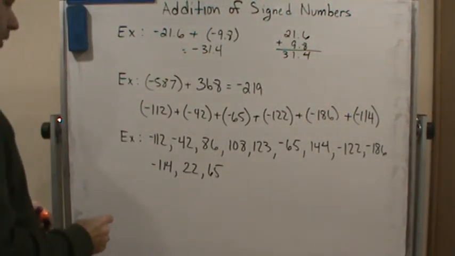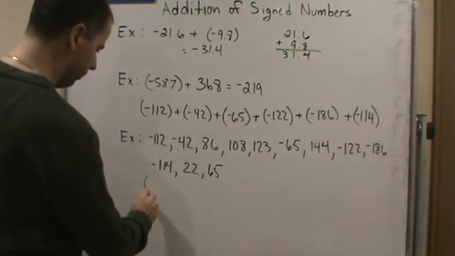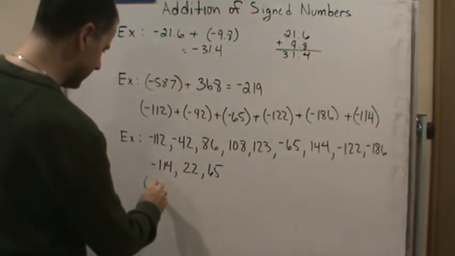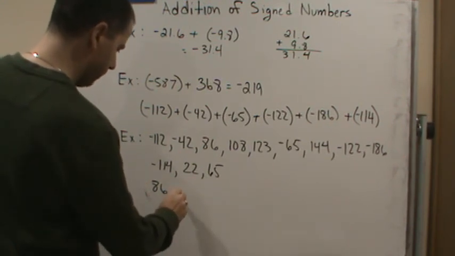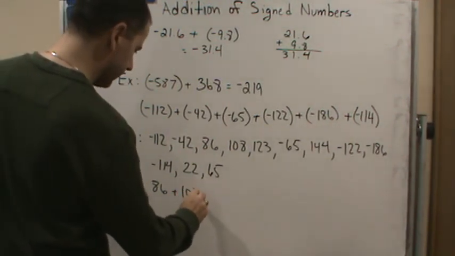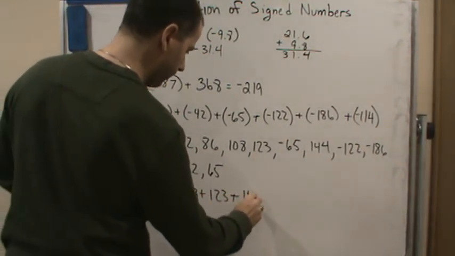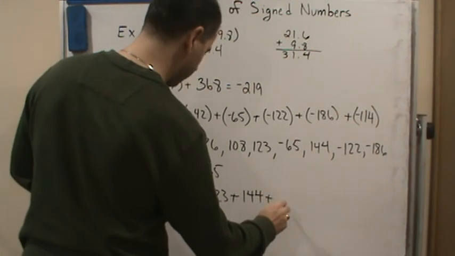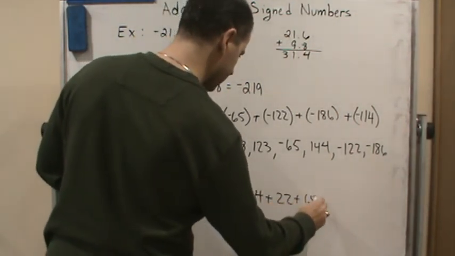Okay, those are going to be the negative group, and then the positive group I'll put down here. That's going to be 86 plus 108 plus 123 plus 144 plus 22 plus 65.